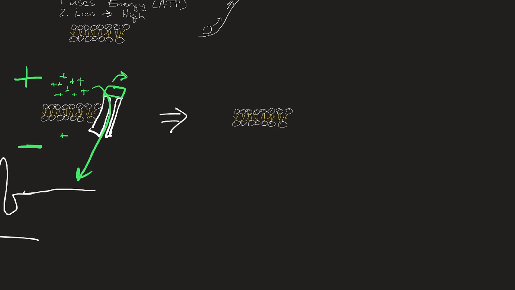So now let me draw it out for you. You have a few positives on this side. You have a few positives. They're equal now. You've depolarized it. Maybe you even got more positives down here, so you hyperpolarized it, so you actually made it more positive inside than you really want. You have to have a helper. So here's your helper.